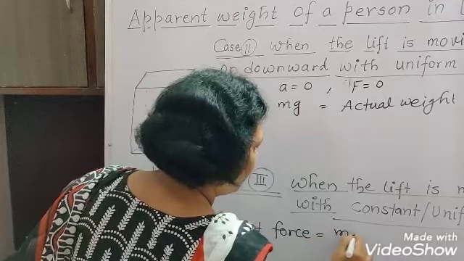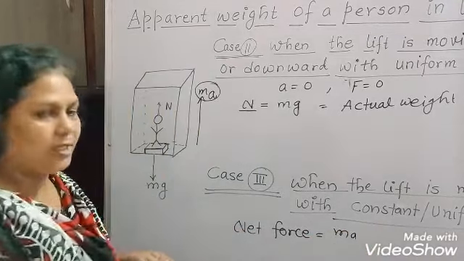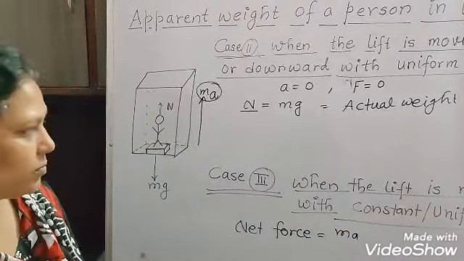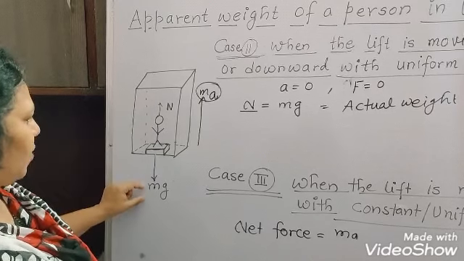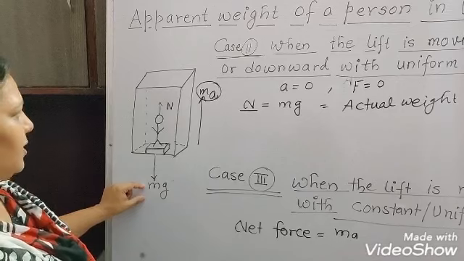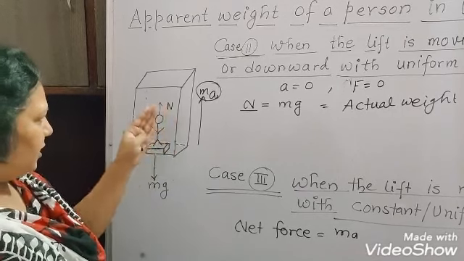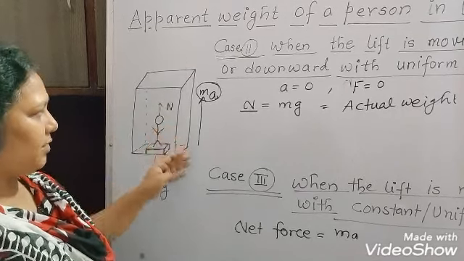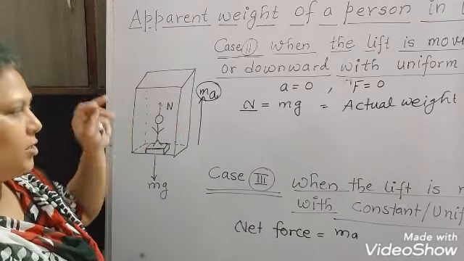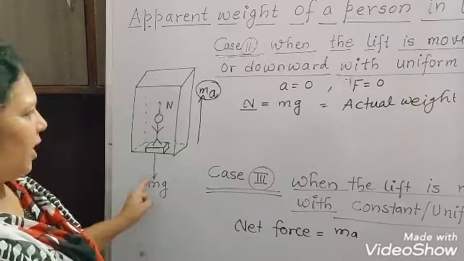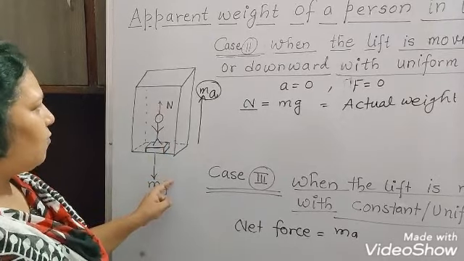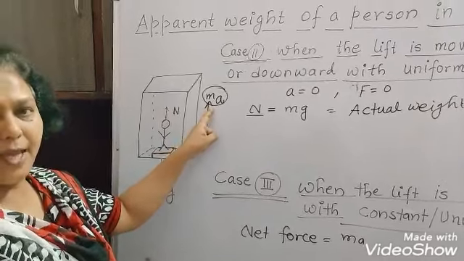So here the net force is equal to ma, and this net force is provided by the upward force, normal N, minus the downward force mg. Obviously, if the lift is moving in the upward direction, N should be greater than mg, and the difference of these two will provide ma.